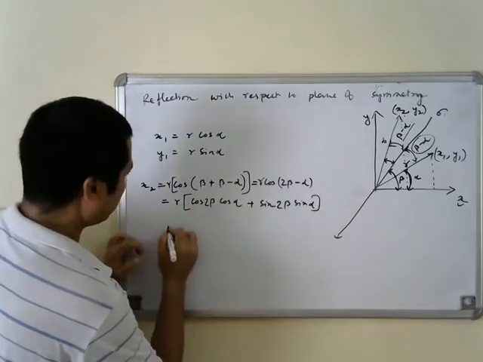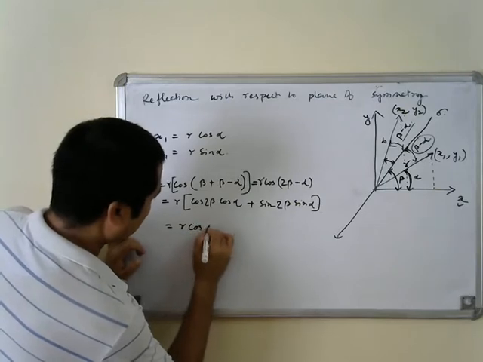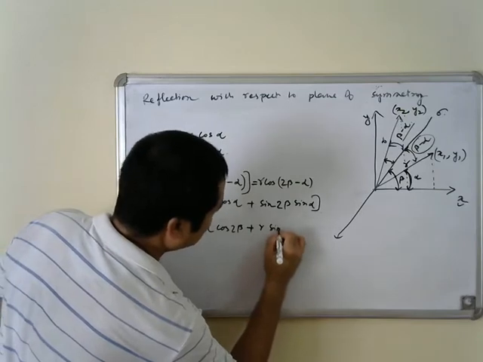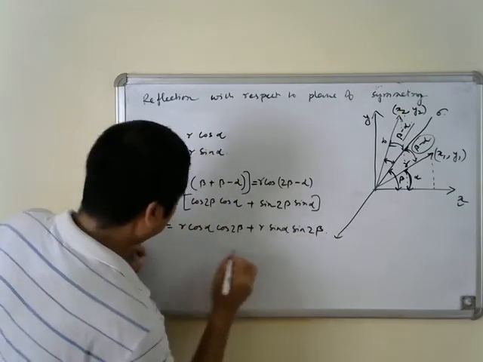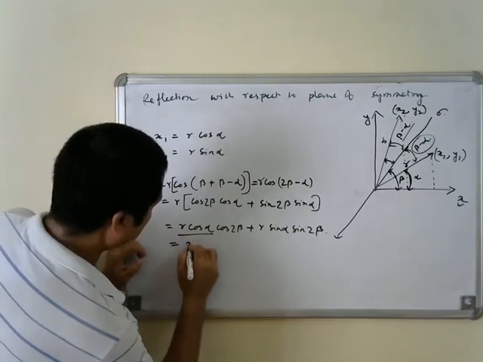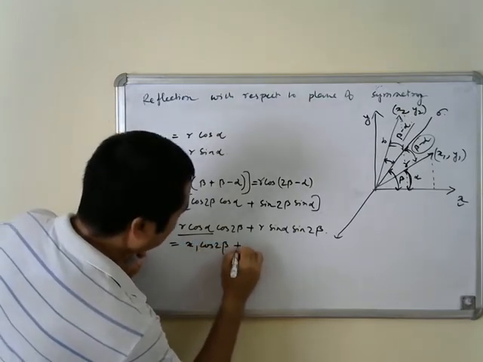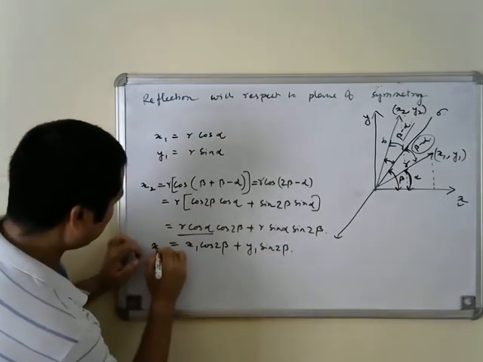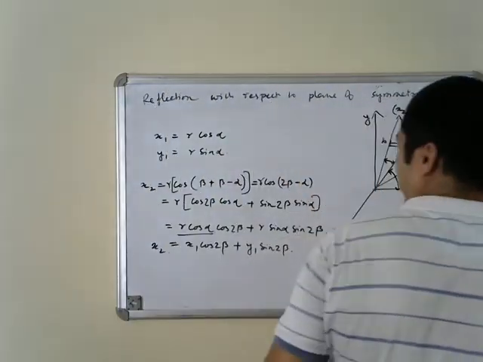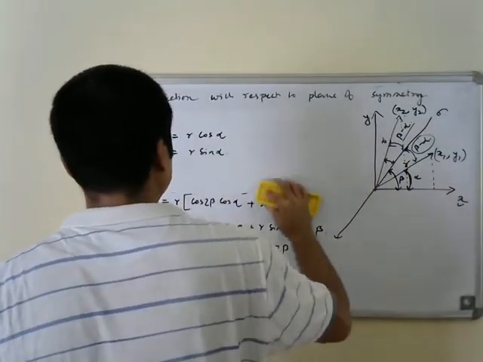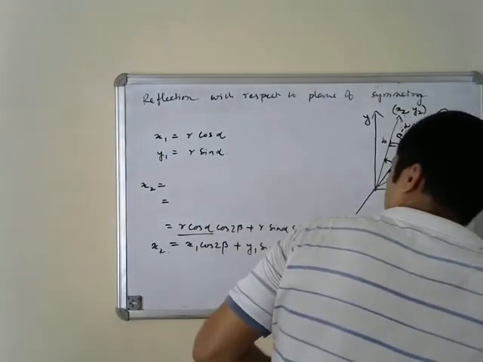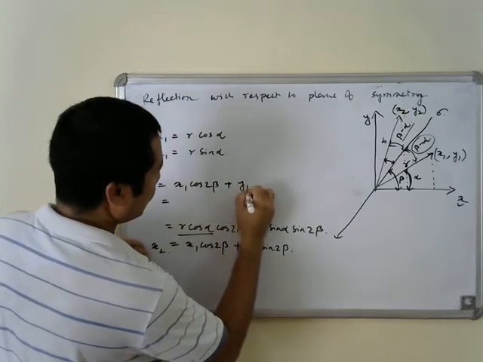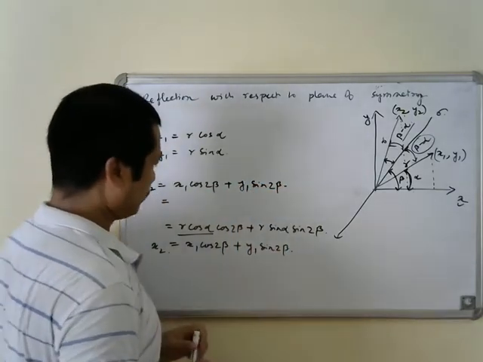So we have r cos alpha cos 2 beta plus r sine alpha sine 2 beta. So r cos alpha is x1, giving x1 cos 2 beta plus y1 sine 2 beta. So x2 is equal to x1 cos 2 beta plus y1 sine 2 beta.